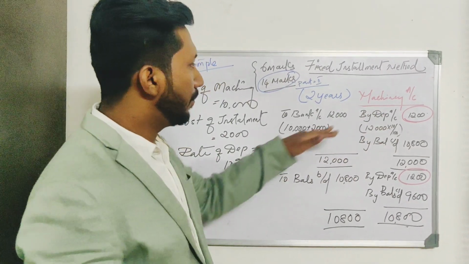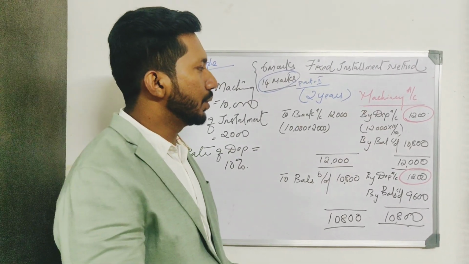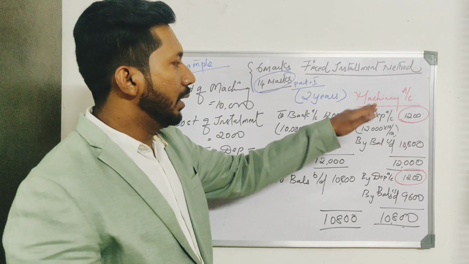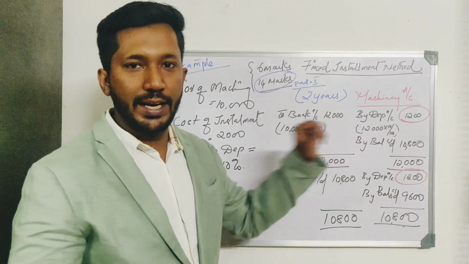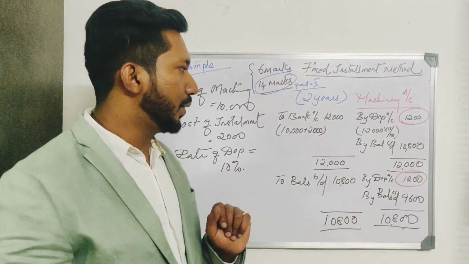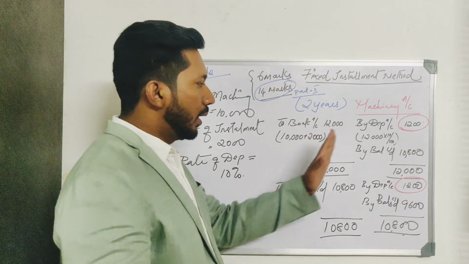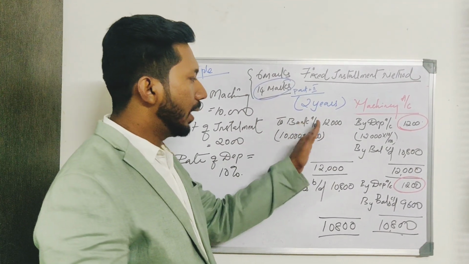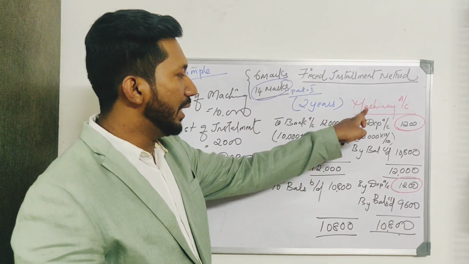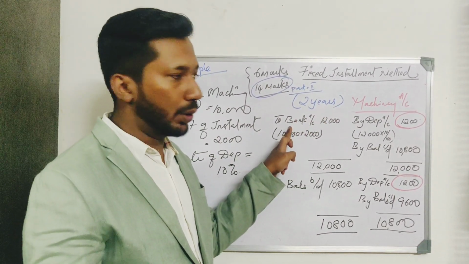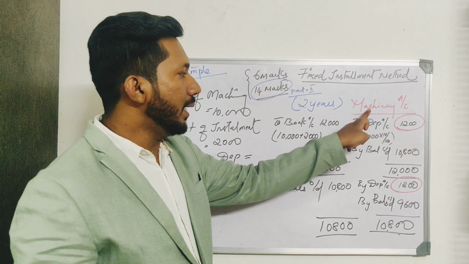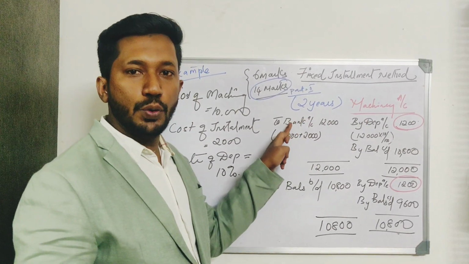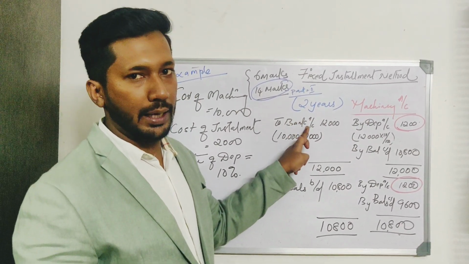After this, first we need to start the solution. First we have to start with the machinery account. So how will you start the machinery account? First we come to the debit side, that is, To Bank Account, because in the machinery account, according to the rule, we cannot write machinery again here, so we write cash or bank account.